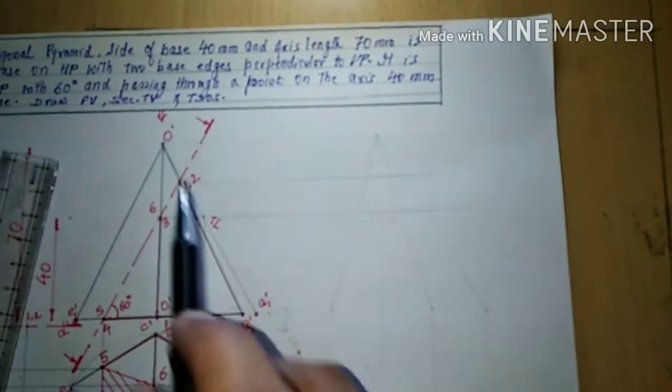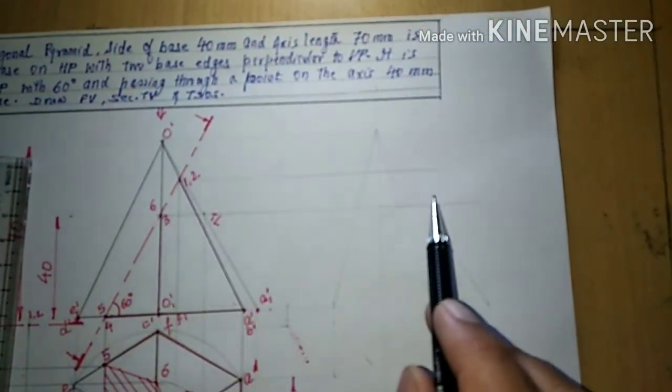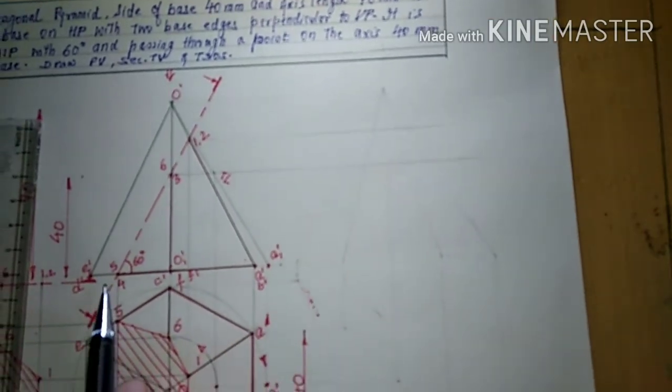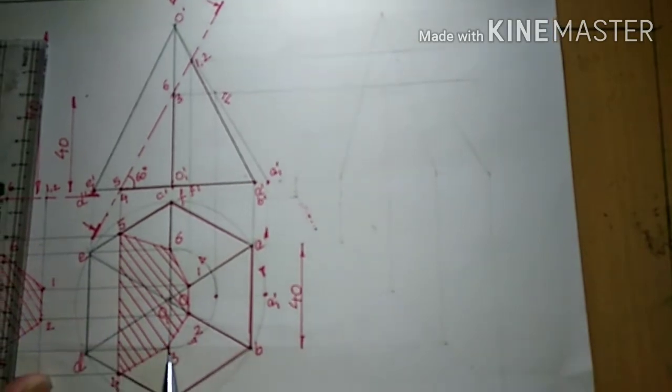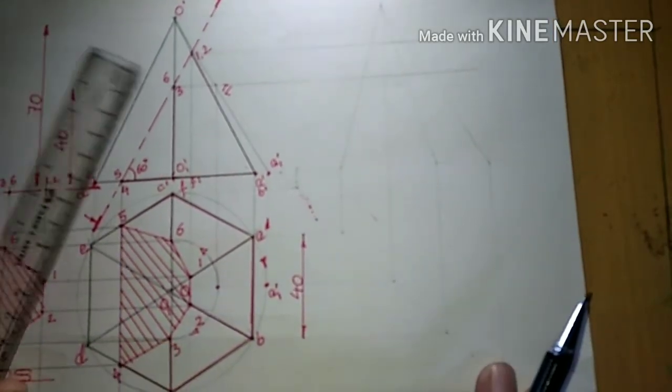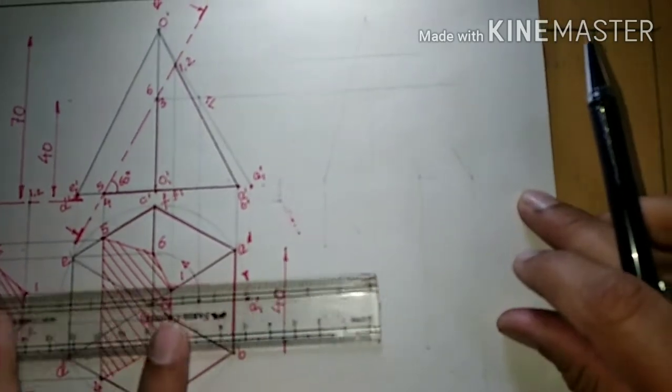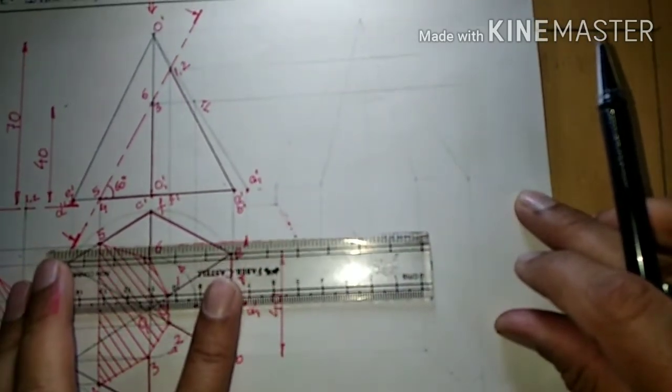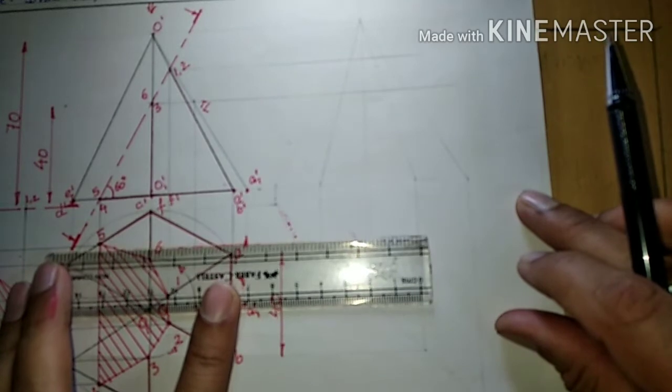Now since these were on slant edges, directly we had transferred this one, but we cannot transfer the base edges. Base edge points have to be transferred using base edges, this one, 5 and 4. So we'll take this 4 and 5 on this 45-degree line.